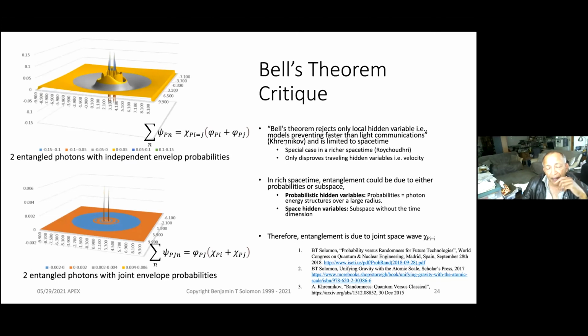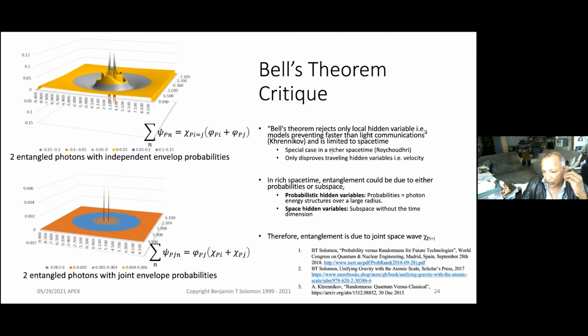Okay, now the next piece is that Krennikov basically states that Bell's theorem rejects only local hidden variables, preventing faster than light communications.